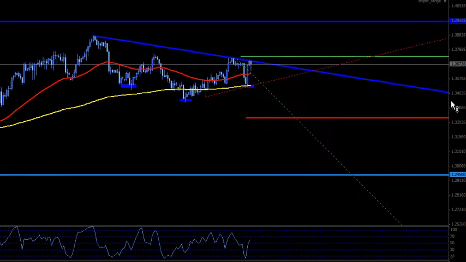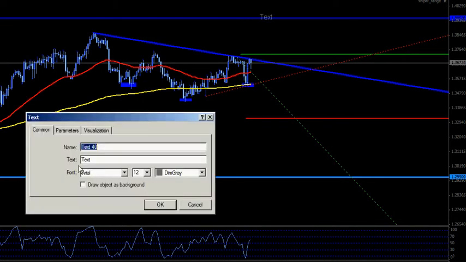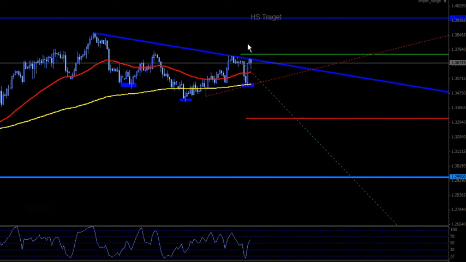Okay, and I'm going to name that HS target. Okay, so that's our head and shoulders target. If price closes above this neckline, then that'll be the target.